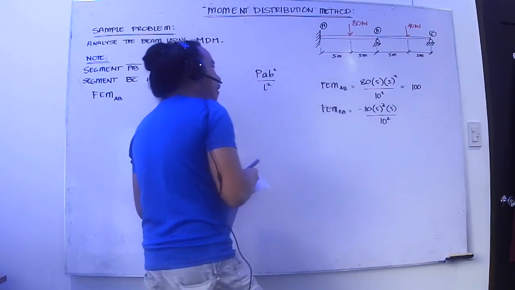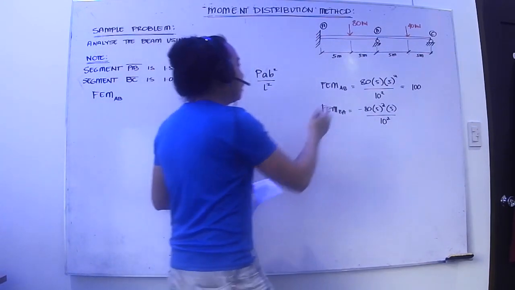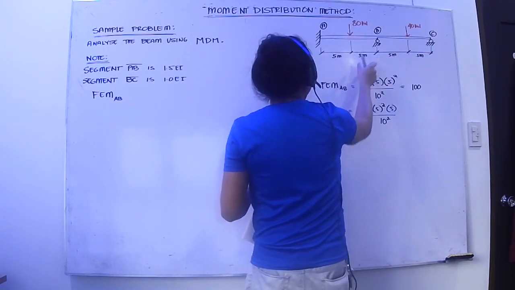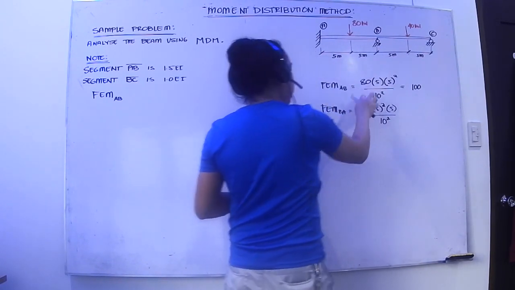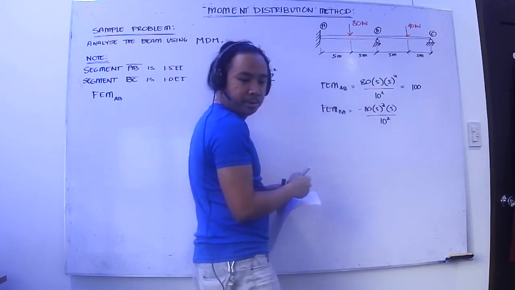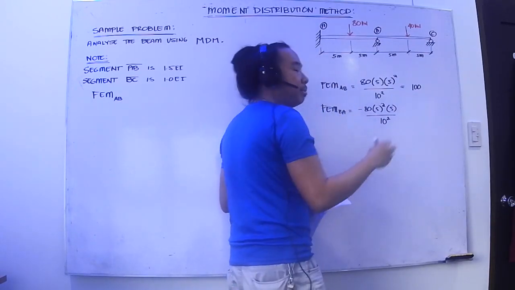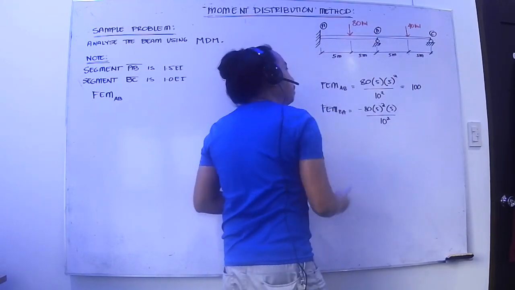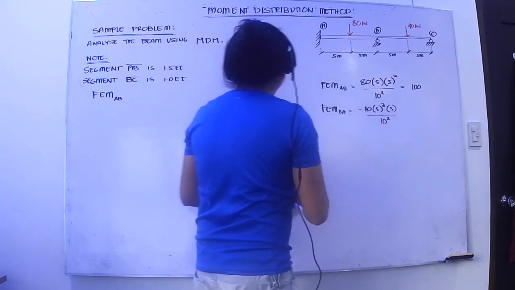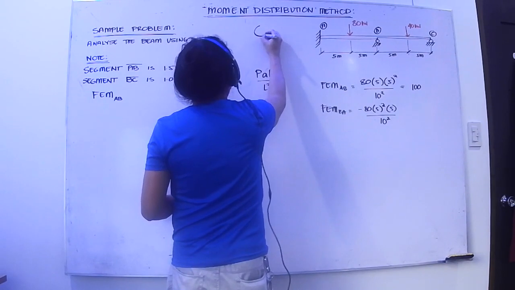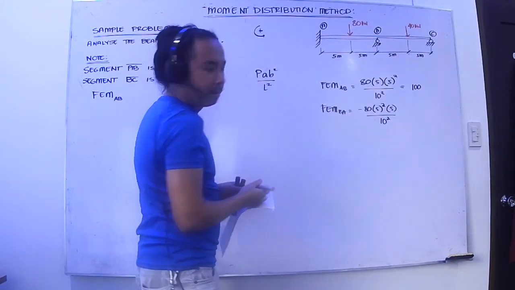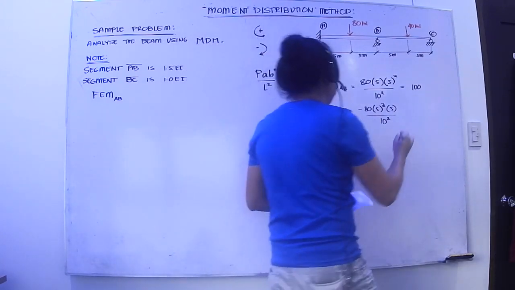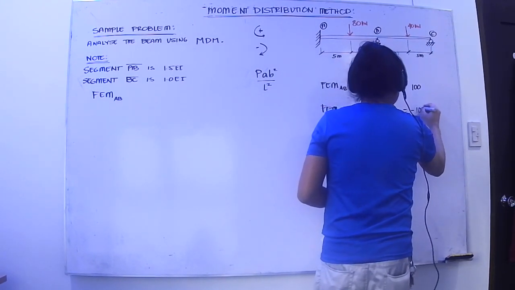You just need to interchange the roles of A and B. The moment is counterclockwise, so we have to keep in mind the positive orientation, and it becomes negative. So FEM BA is negative 100.